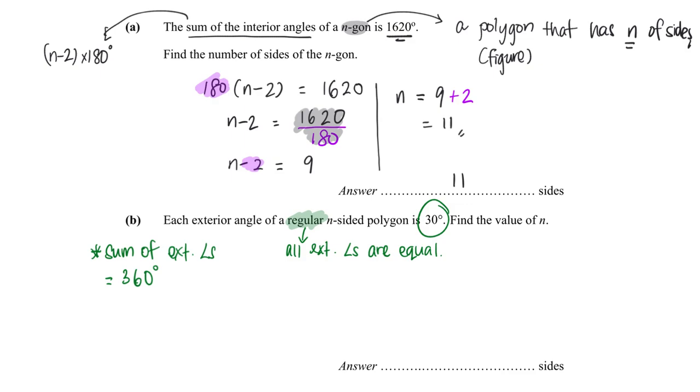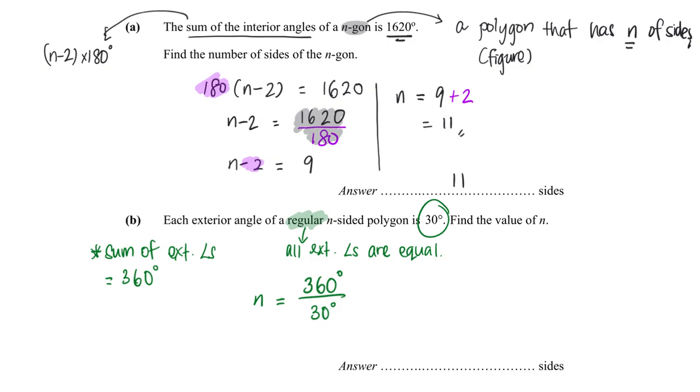Which could also lead us to how many sides there are, because the number of exterior angles and the number of sides are the same. So actually n can simply be found by dividing by 30 degrees, since each exterior angle is 30 degrees, meaning 30, 30, 30, 30, 30, 30.